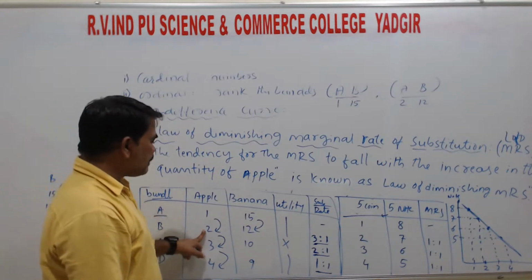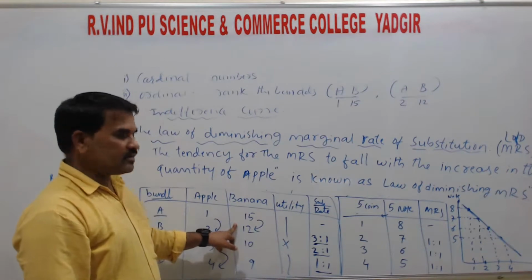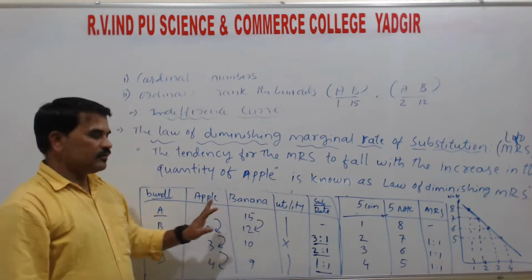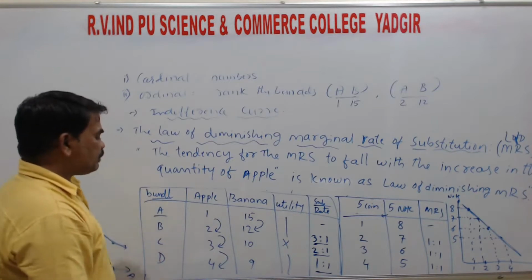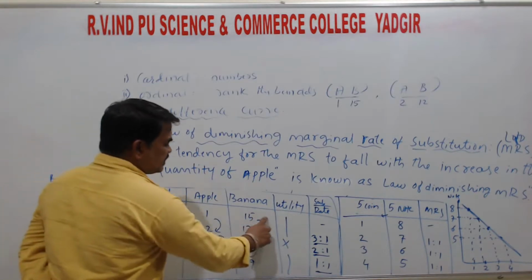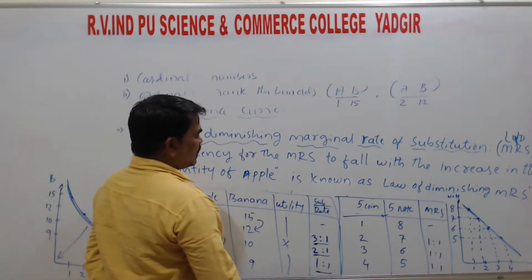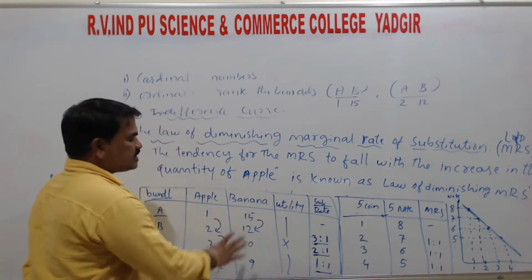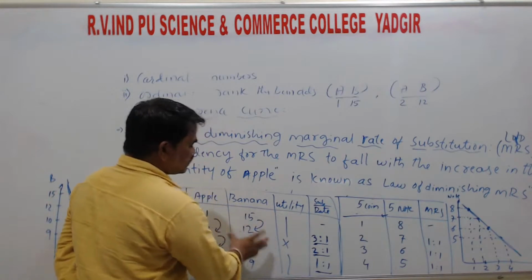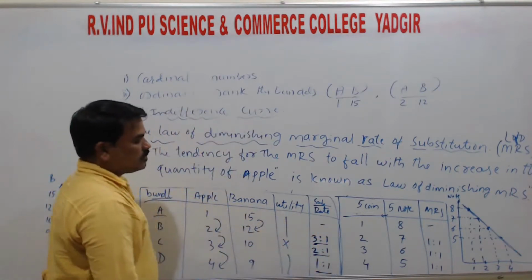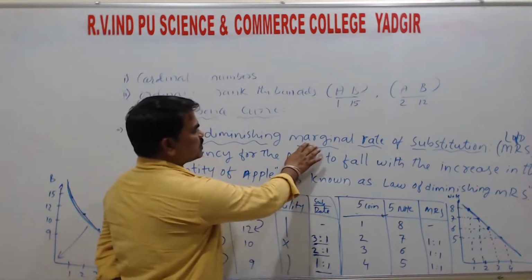To get apples, he is reducing banana. Right? So here, when we see this trend, why do we call it diminishing? Whatever the substitution happening is, at what rate, this we call the marginal rate of substitution.